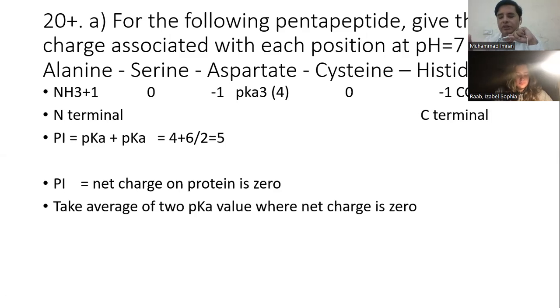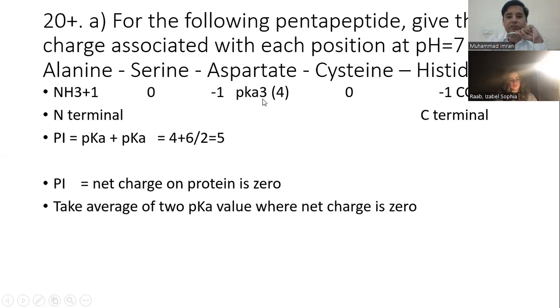Amino acids at neutral pH have a zwitterionic form, meaning a positive charge on the amino group and a negative charge on the carboxylic group. So we have charge on the first and last amino acids. The first amino acid has a positive charge, and the last amino acid has a negative charge. But we have another amino acid which is polar, aspartic acid.